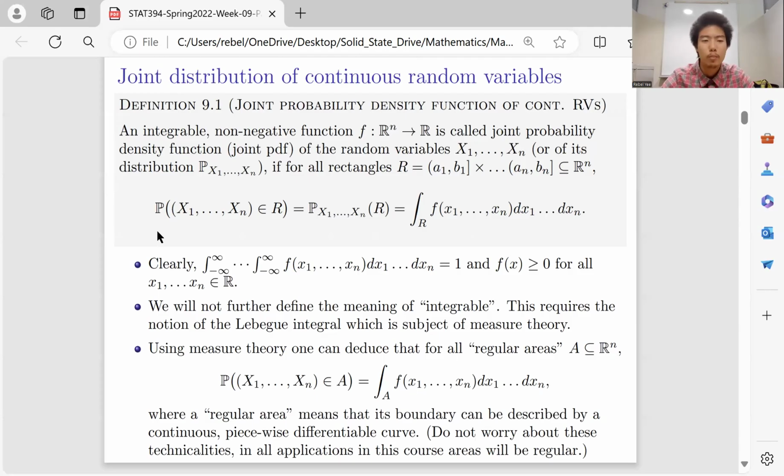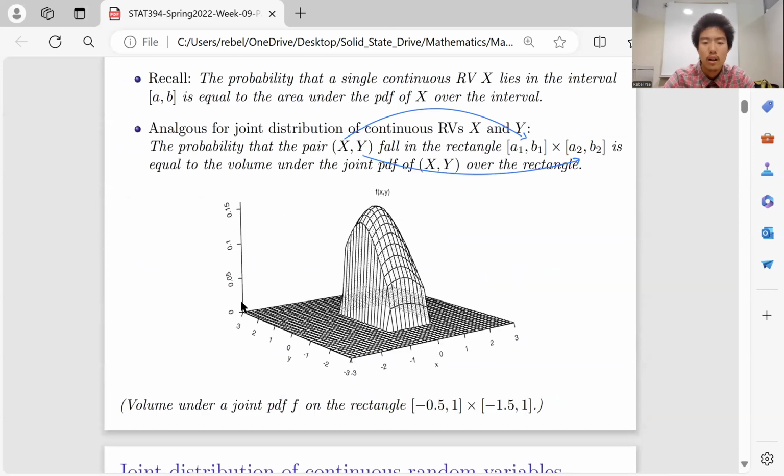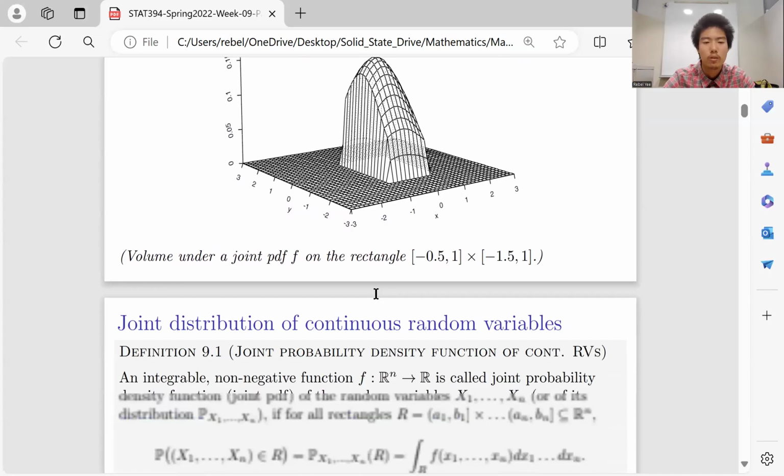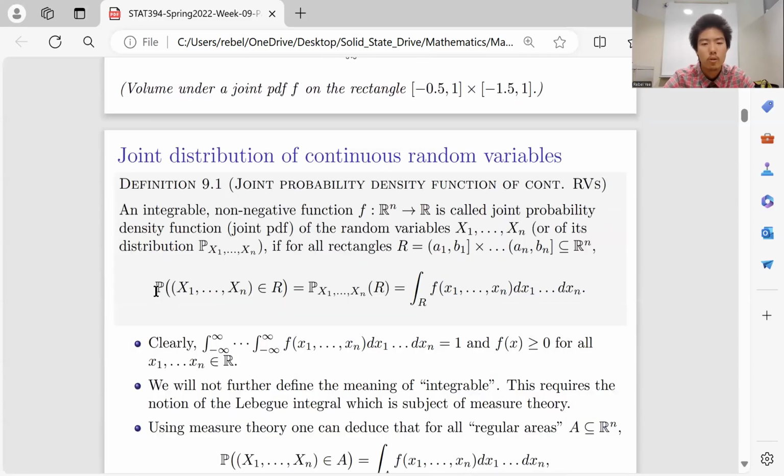We say the probability that those variables, x, y, z, or a, b, c, d, are within such a rectangle. We can use this notation or this notation too.